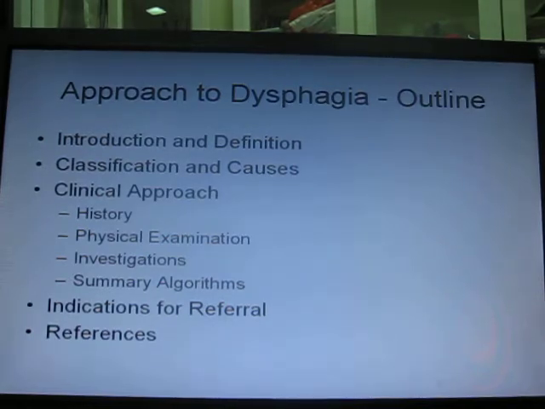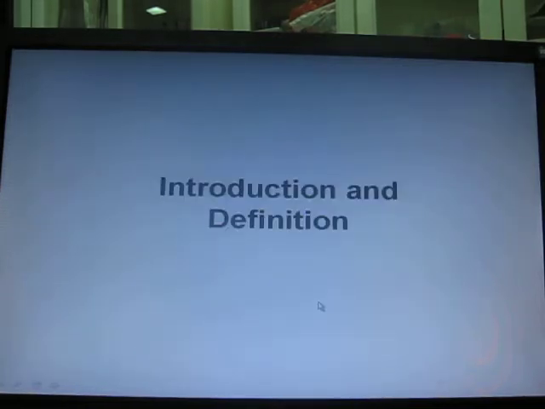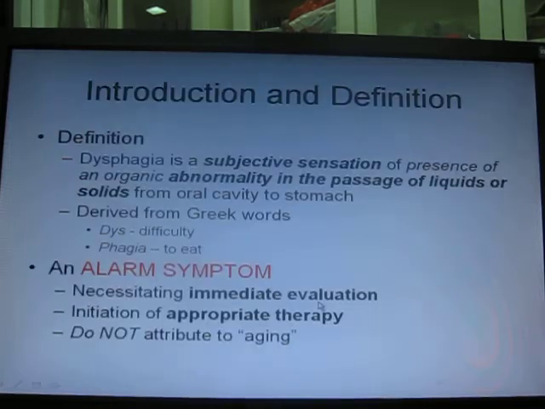Then the main bulk of the sharing will be about how we approach it clinically by our history, our physical investigations, and I have these two really helpful algorithms from UpToDate which I will share with you guys. Lastly, because I'm interested in primary care, I'll talk about the indications for referral for dysphagia, and then of course the references.